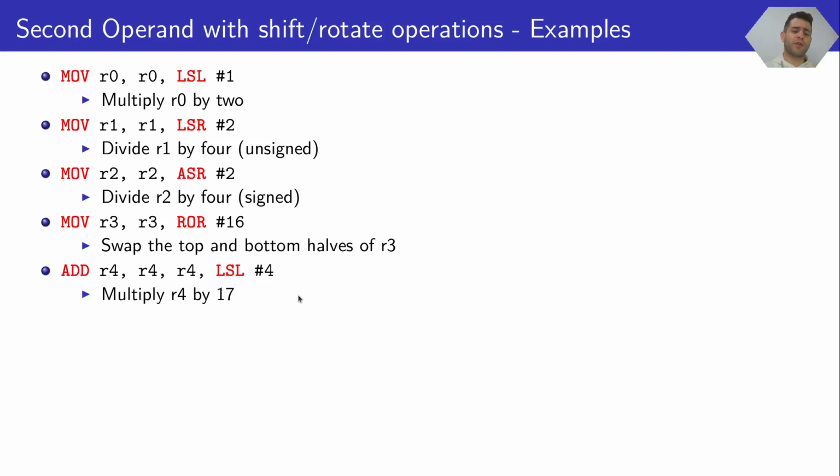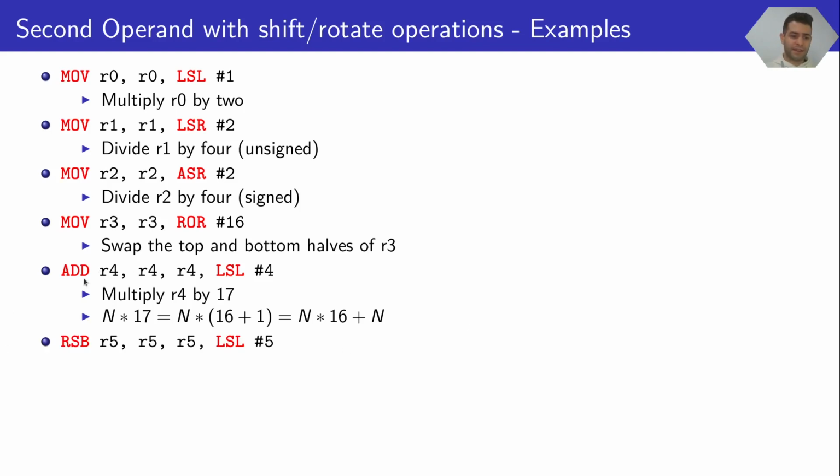That means we are multiplying R4 by 17, because n times 17 can also be written as 16 plus 1, and this is basic math. It is the same as writing n times 16 plus n. So what are we doing here? We are multiplying R4 by 16, and then we are adding R4, and writing back the result.